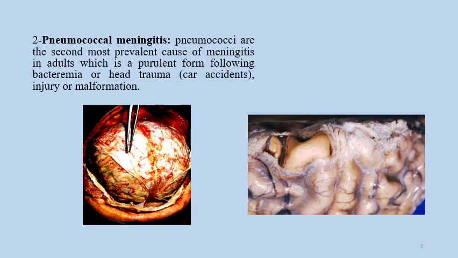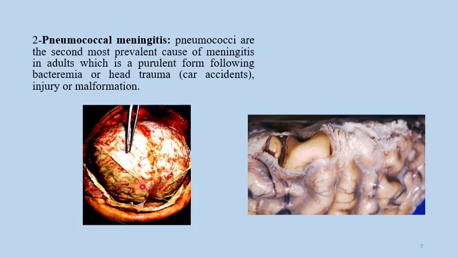This occurs following bacteremia. How can the bacteria reach the meninges? It starts with bacteremia, or head trauma like car accidents, or any kind of injury in the area of the head, or malformation. Sometimes a malformation can cause a defect in the blood brain barrier, which enables the organism to reach the meninges easily. What are the meninges?